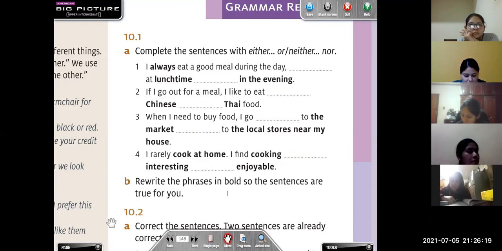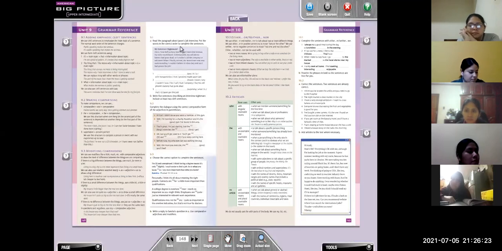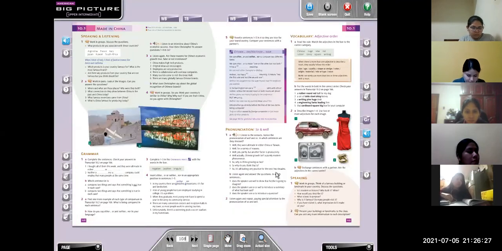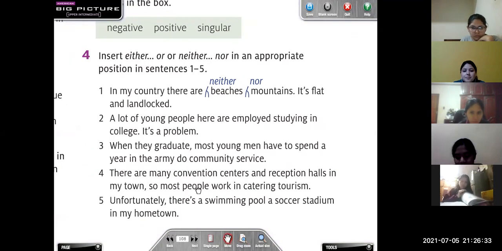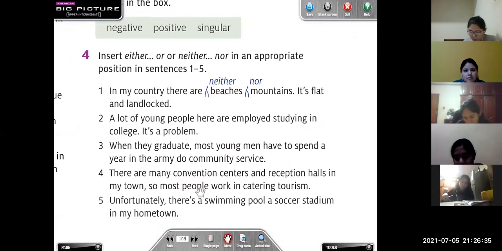Nice. Let's go back to page 108. Here on page 108, we have something similar. We have some sentences and we need to add either or or neither nor, okay?